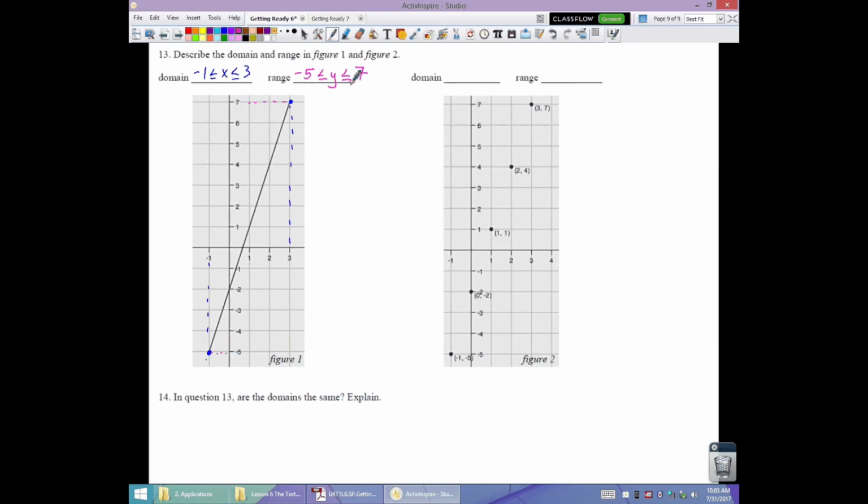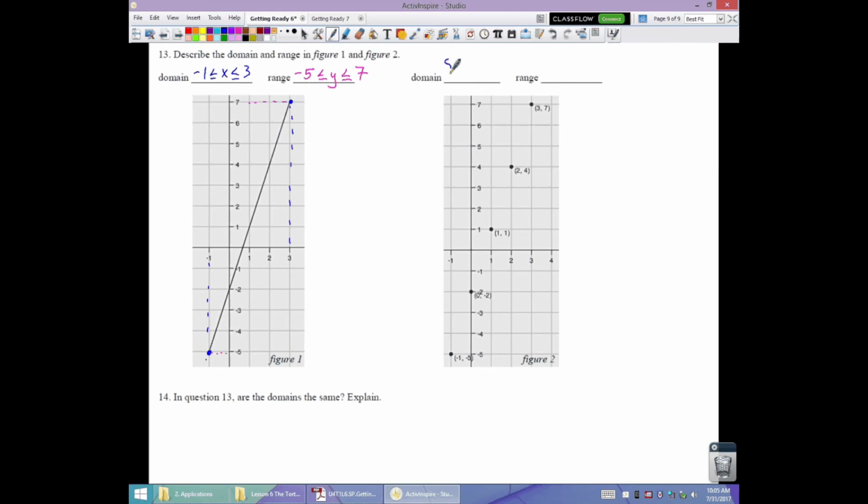Now that was a continuous graph. The second figure here, figure 2, has some of the same points we saw in that line, but they're not connected. So this is a discrete graph, a discrete function. So we have to just list our domain and range.